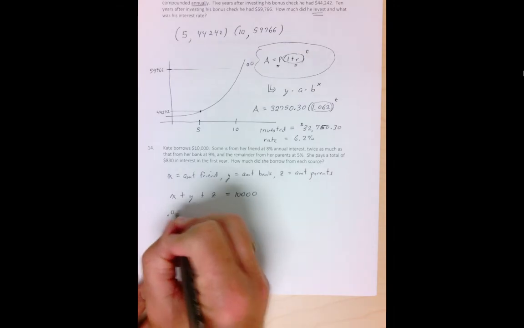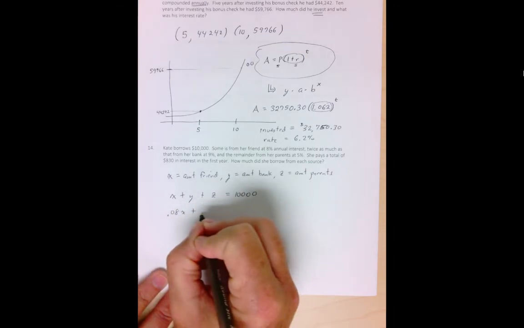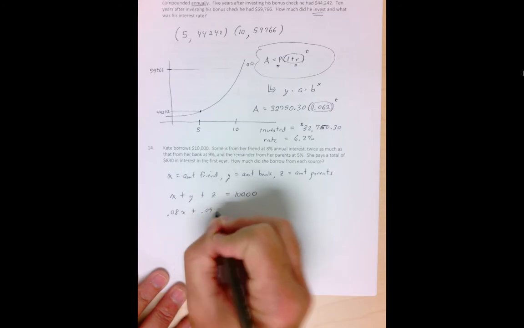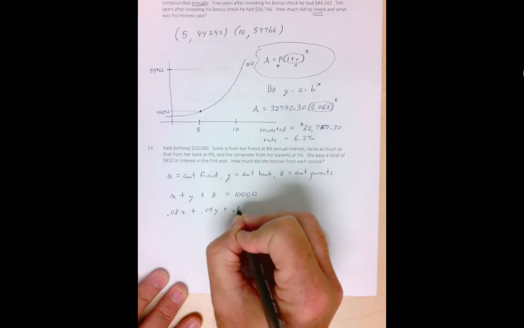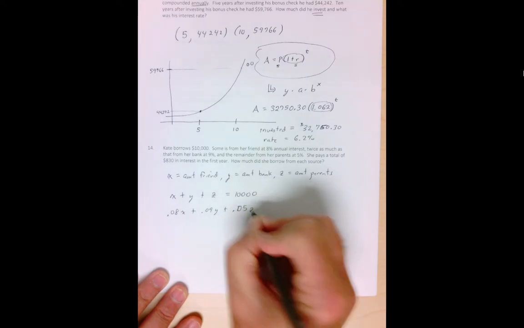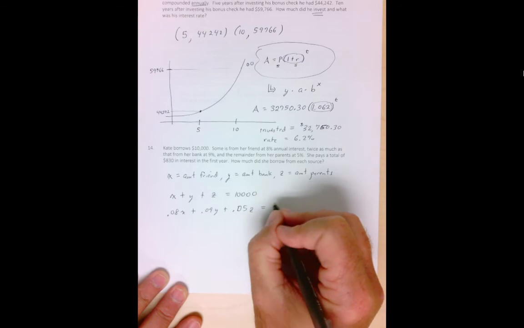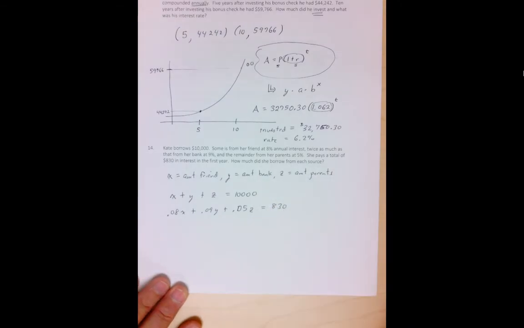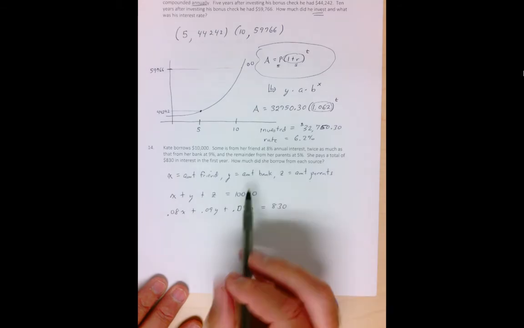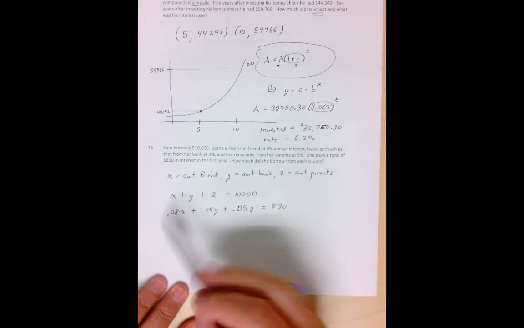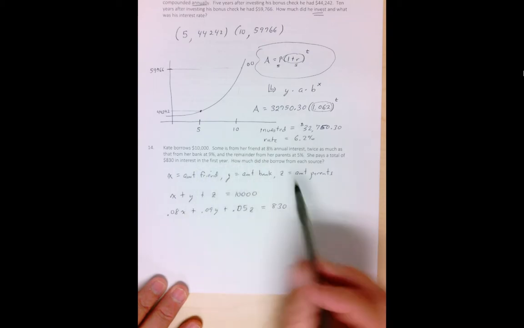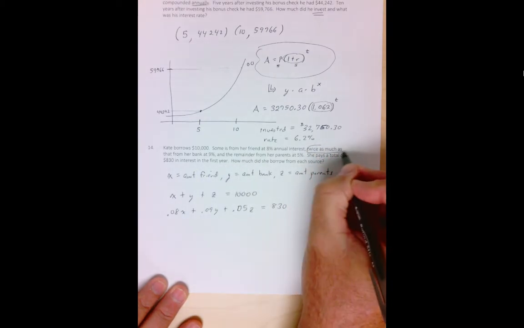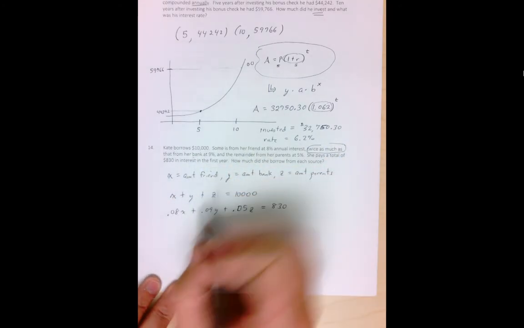The next thing we see is we have the 8% plus the 9% plus the 5% from her parents, and she pays everybody a total of $830 interest. Now, next we've got to have another equation. Where else do we have information in here? We see that twice as much as that, so twice as much from the bank.